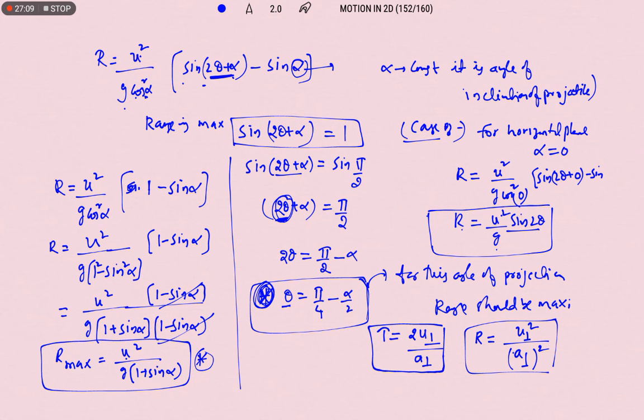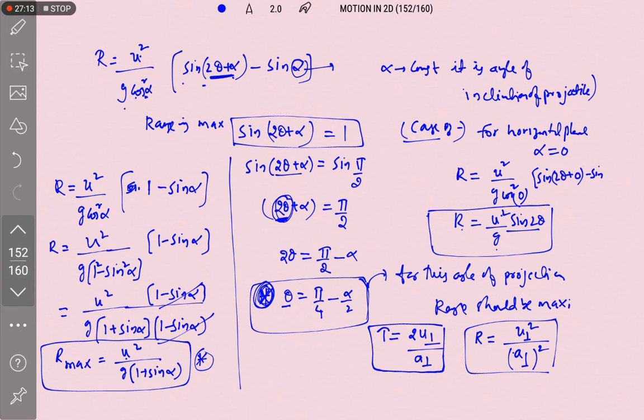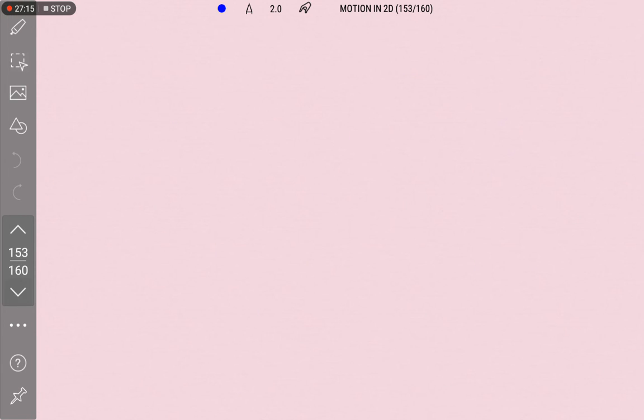Okay, so now if the projectile is projected down the inclined plane, the motion of the projectile along, down the inclined plane.